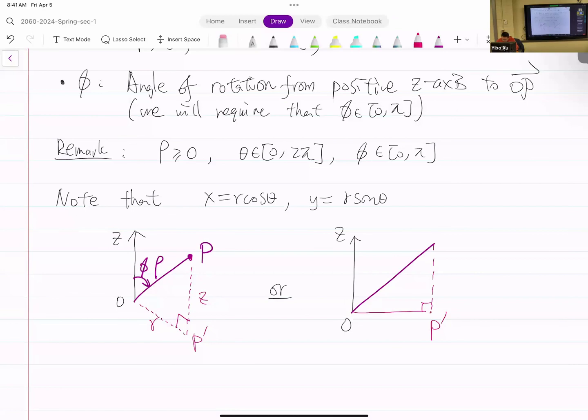That's P prime, that's P, and the hypotenuse is rho, right? Here we just need to realize what that phi is. This phi is the rotation angle, and we also know that this is 90 degrees. Of course, the z-axis is perpendicular to the xy plane, so the z-axis is perpendicular to the OP prime direction. And it tells you the dashed line and the z-axis are parallel, so this angle is also phi.